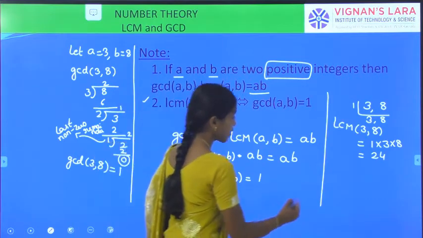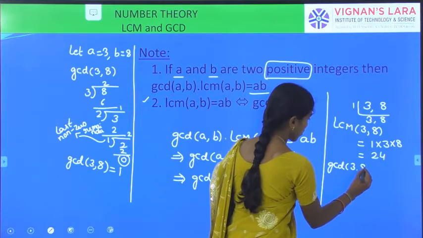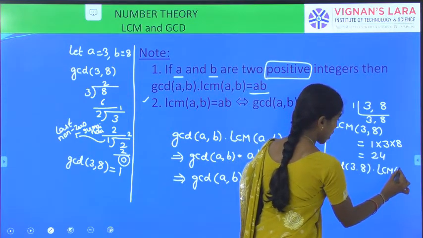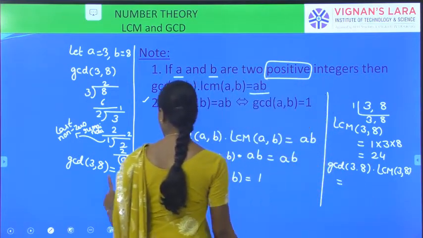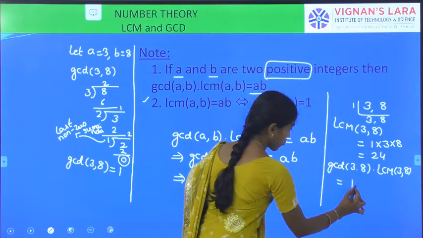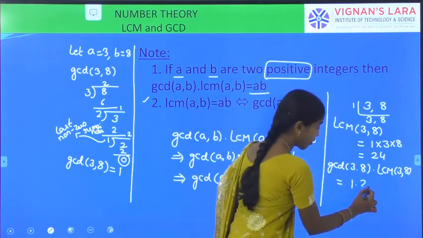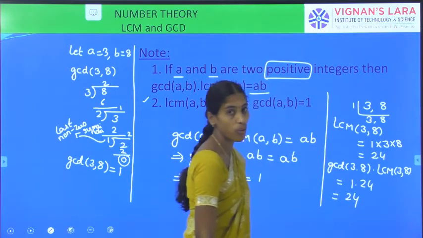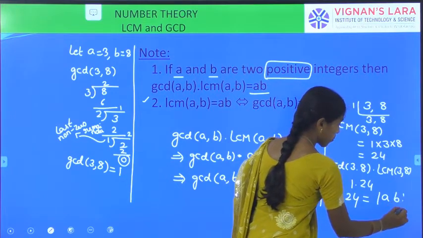What is the result? GCD of 3 comma 8 into LCM of 3 comma 8. Already we calculated the GCD value, which is equal to 1. LCM value also we calculated, which is 24. 1 into 24 is 24, which is equal to modulus of AB.